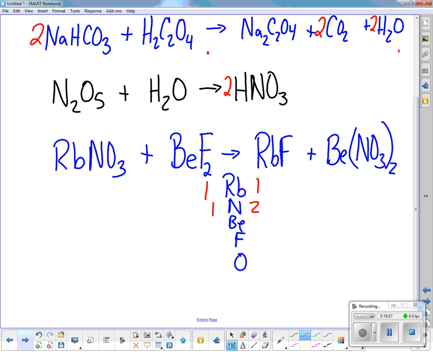So I come over here, put a 2 in front. When I do that, it messes up my rubidiums. So I go back and put a 2 in front of rubidium. Going on to beryllium, 1, 1, fluorines, 2, 2, the 2 comes through. Oxygen, 2 times 3 is 6. Oxygen, 3 times 2 is 6. Done.